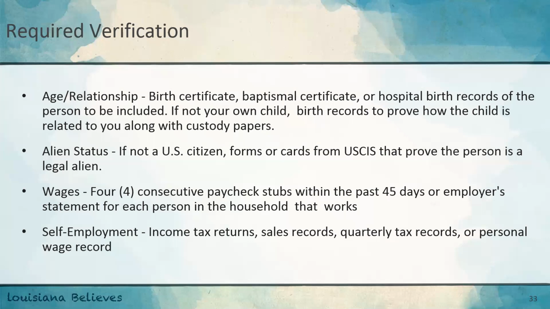Also, as previously mentioned, 4 consecutive check stubs within the 45 days or an employer statement for each person that works within the household. If they are self-employed, they may submit income tax returns, sale records, or quarterly tax records, or personal wage verification.